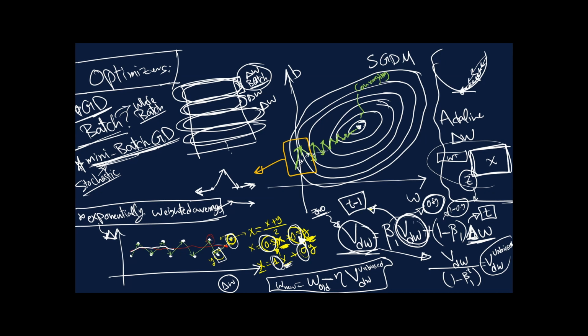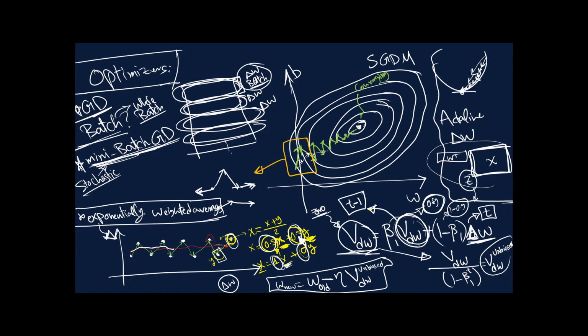VdW is initialized with zeros, so the first one will be 0. So you will be entirely dependent on the current point, and then you go into the second iteration and you have your new VdW that will be used as the old VdW for the new time point. So is there any problem with this?